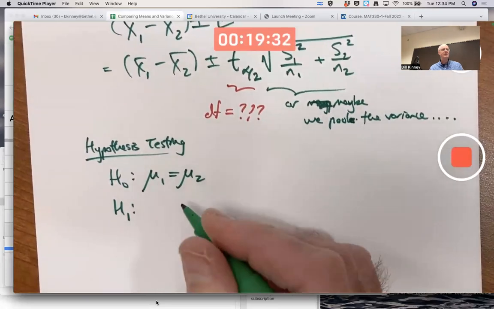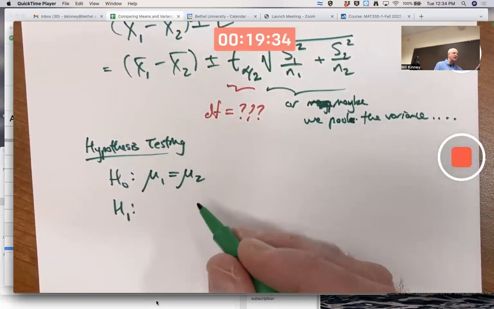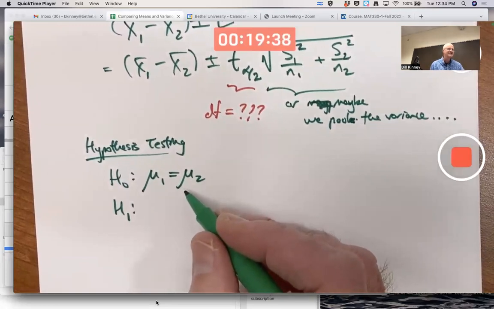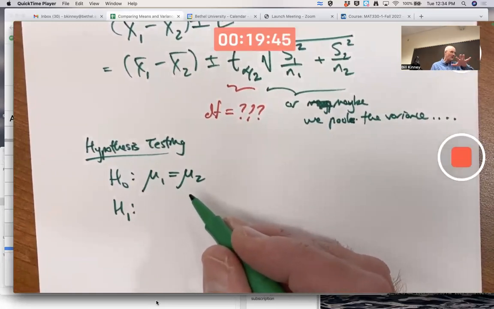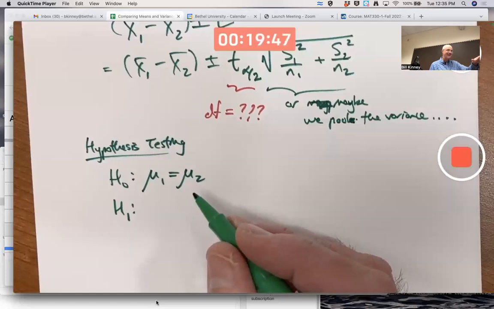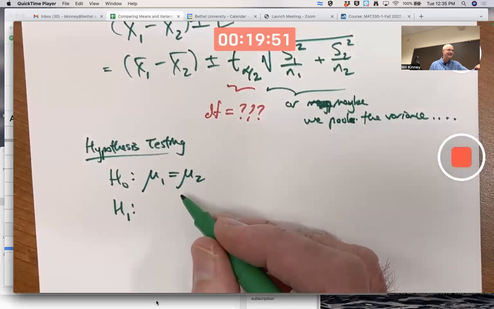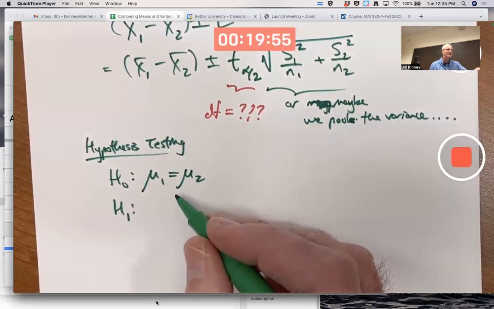One more time for emphasis: I should never, ever, ever see X bars there. I saw it from a few people in the last exam. No, never, ever. Don't ever put X bars in your hypotheses. It's always population parameters. If you're talking about means, it's always mu's.